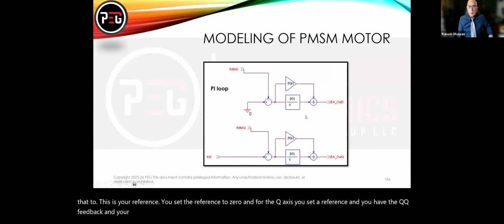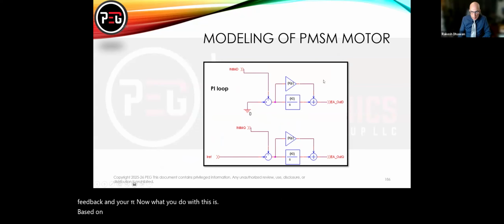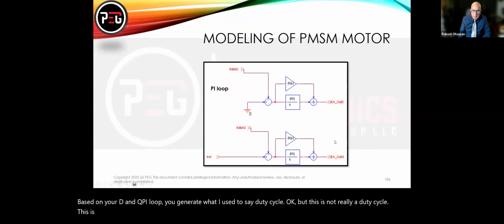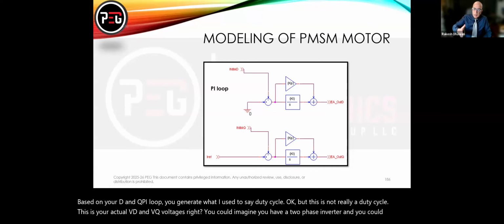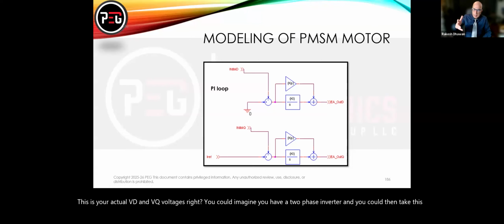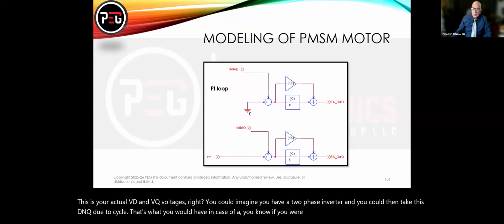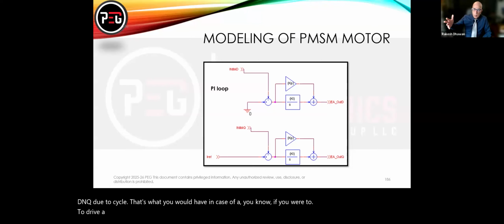Based on your D and Q PI loops, you generate what I used to call duty cycle, but this is not really a duty cycle. This is your actual VD and VQ voltages. You could imagine you have a two-phase inverter, and you could then take this D and Q duty cycle. That's what you would have if you were to drive a PWM waveform.